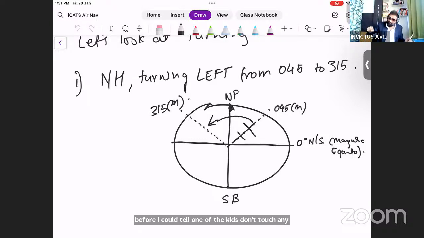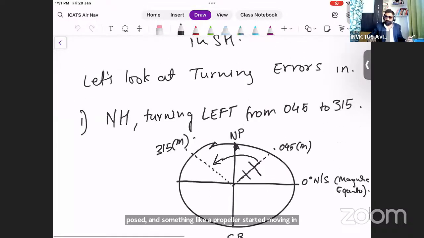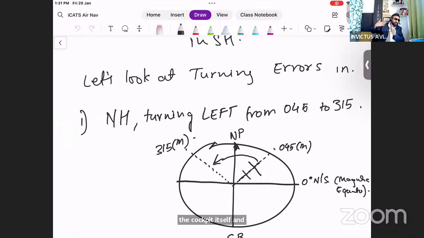One of the kids, I don't know which button she pushed, and something like a propeller started moving in the cockpit itself. And the little kid was just this much away from the periphery of that. And I was like, oh my God, am I going to see an accident? And I'm like, that little kid, stay away, stay away. And there were so many sparks here and there. And I was trying, like, why are you touching?